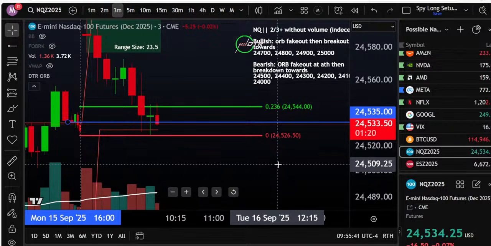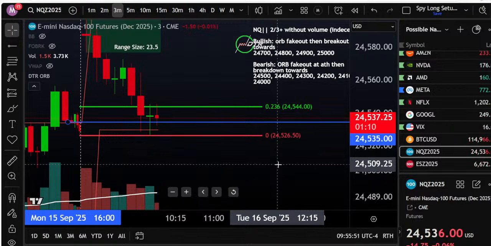Okay, so starting to watch here, right? Like I said, base expectation is fake out until proven otherwise. So although it's flirting around my reference price, I'm still not really in a rush to click submit.